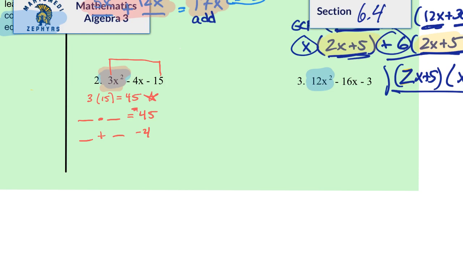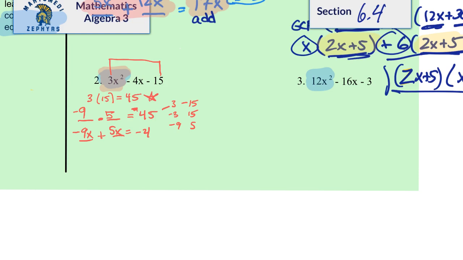They have to multiply to -45 and add up to -4. So not a lot of options here. 3 and -15 and -3 and 15 don't add up to -4. There we go. -9 and 5 add up to -4, and they multiply to -45.